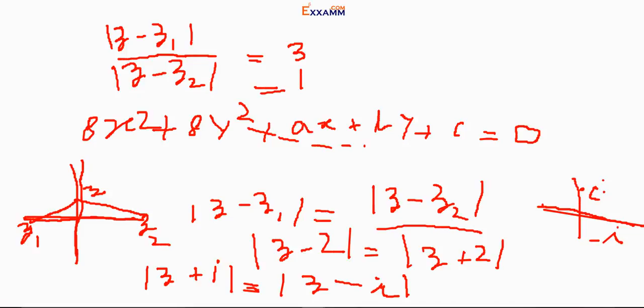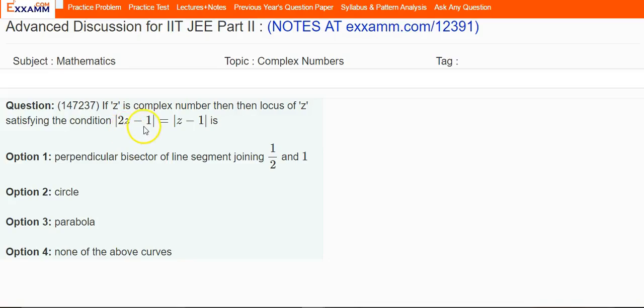Now coming back to our original equation, what do we have here? Here we have modulus of 2z minus 1 is equal to modulus of z minus 1. So how can we write it?